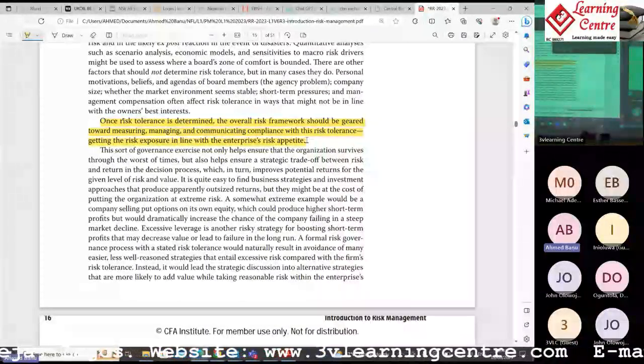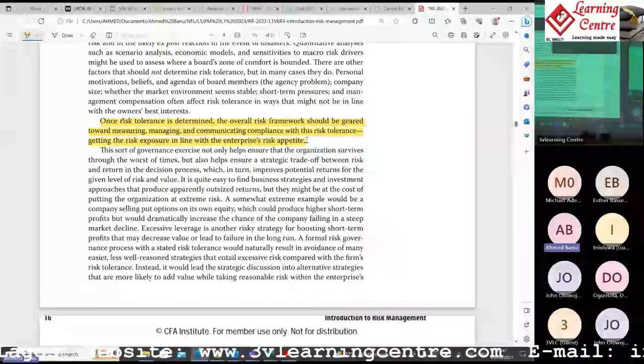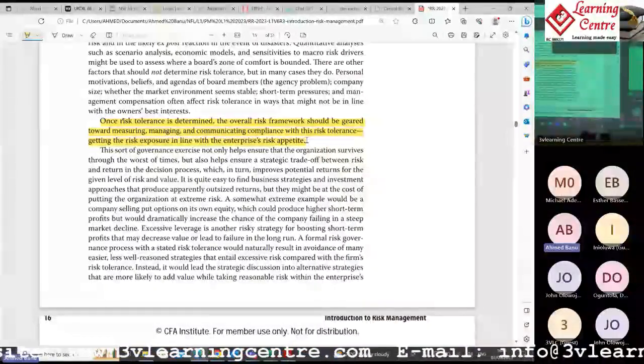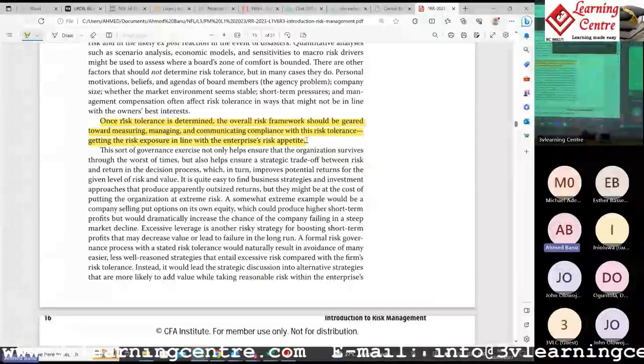That is what I have defined to you guys since the beginning. Risk tolerance is like the most important thing for risk management. You need to be able to determine the level of risk you want to take.